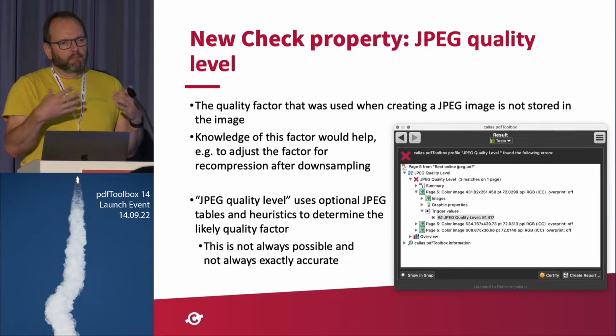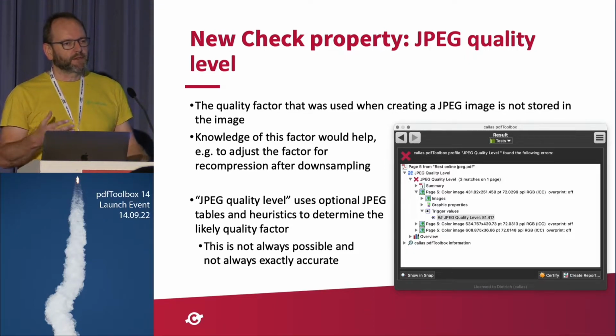But at the end, someone calculates or sets a quality level and does more or less compression to that effect. That compression level or the quality of the resulting image is not stored in the JPEG. It is information that is decided upon when the JPEG is created, but the settings that were used are not stored in the JPEG itself.